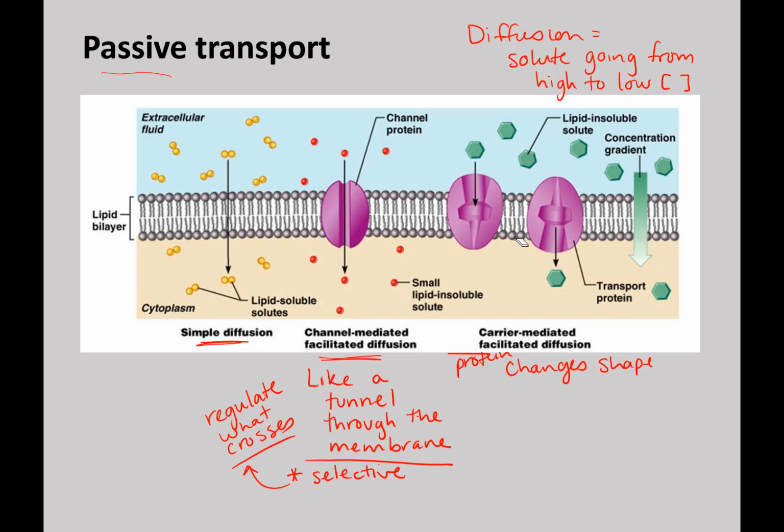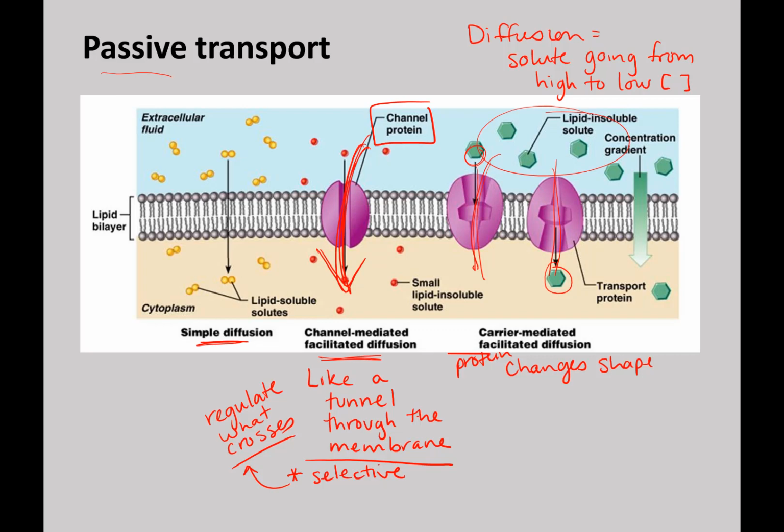If you have a channel protein, things can just continuously go through as long as they're the right molecule and they fit. Carrier or transporter proteins have to grab something, make a shape change, and then release it. And grab something and make a shape change and release it. So they can become saturated, where there might be hundreds of molecules out here, but they're working as fast as they can.